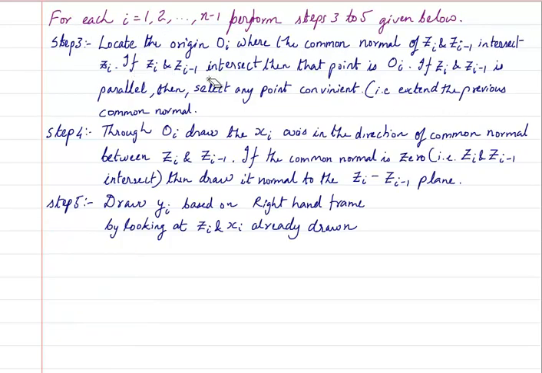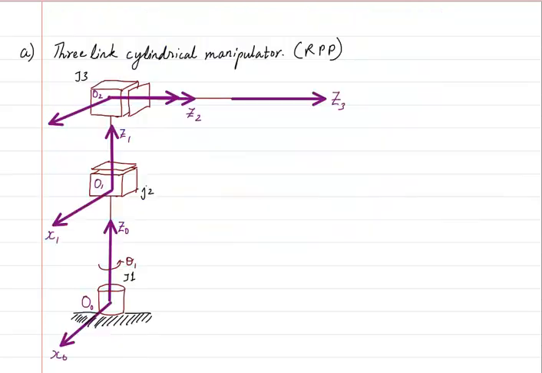Okay, that if it is intersecting, then at that point mark this as Oi, and through Oi draw Xi. If the common normal is 0, which is our particular case, here the common normal is 0 between Z1 and Z2. The reason being that both Z1 and Z2 are 90 degrees to each other, so Oi is where they intersect.